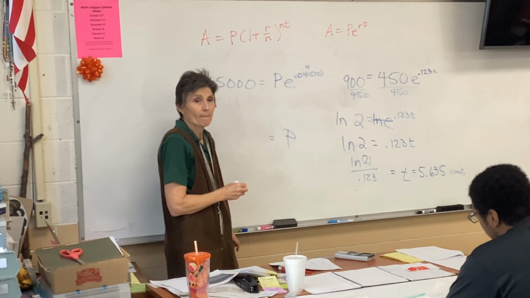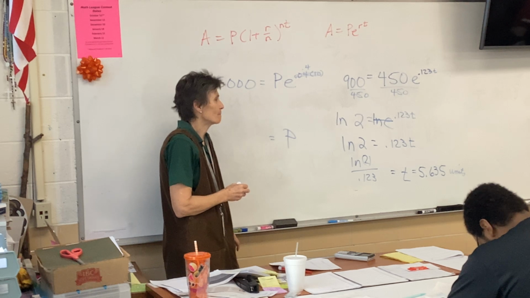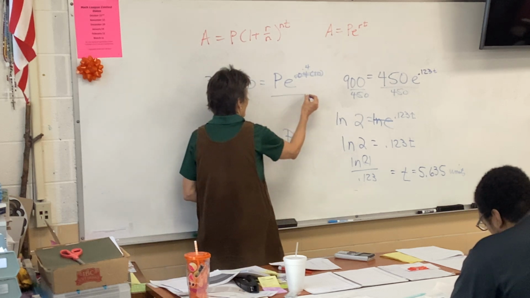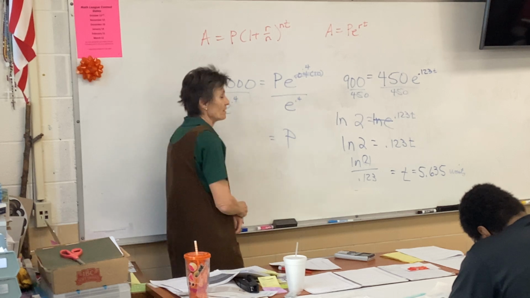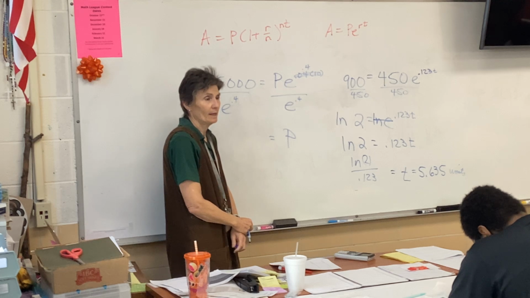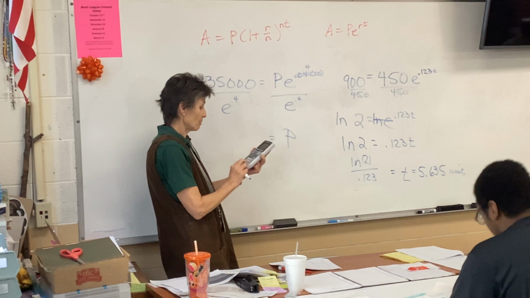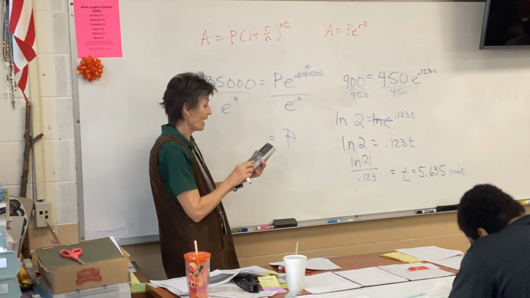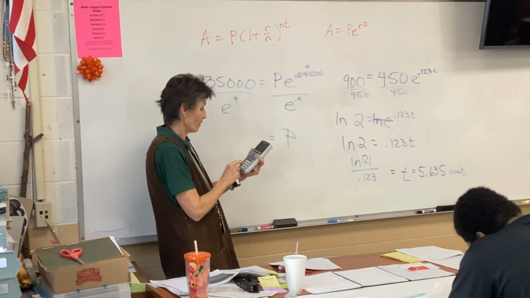All right, here we go. How am I going to get P by itself? How about if we just divide by e to the 0.4? Will that get P by itself? Yep. So again, just type in what I wrote. We're going to type 35,000 divided by second ln 0.4.